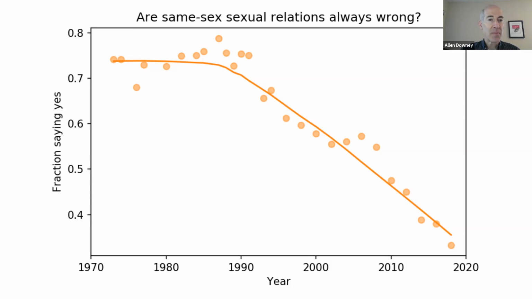And you can see that at the beginning of the survey in 1973, it was about 75% who thought that homosexuality is always wrong. And then starting a little bit before 1990, it started to decline and has been declining quite steeply ever since. So it's now, I think, down at about 30%.